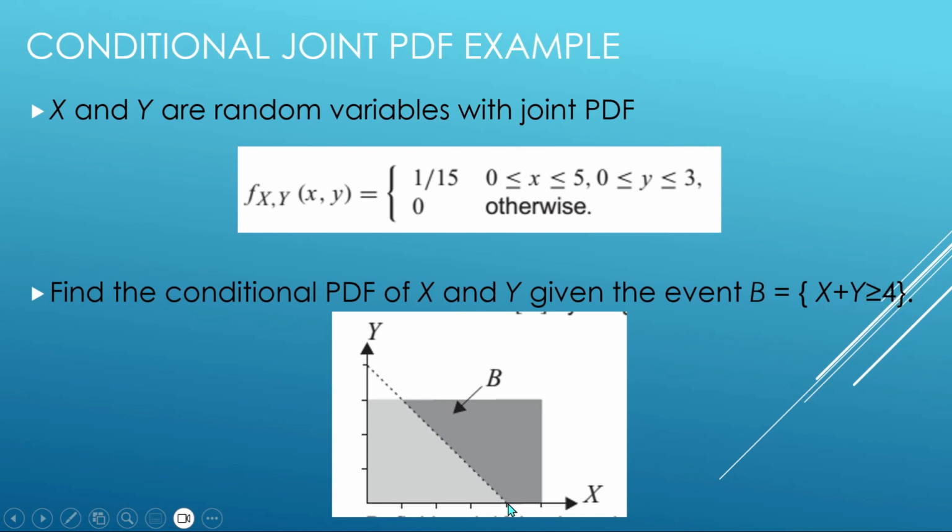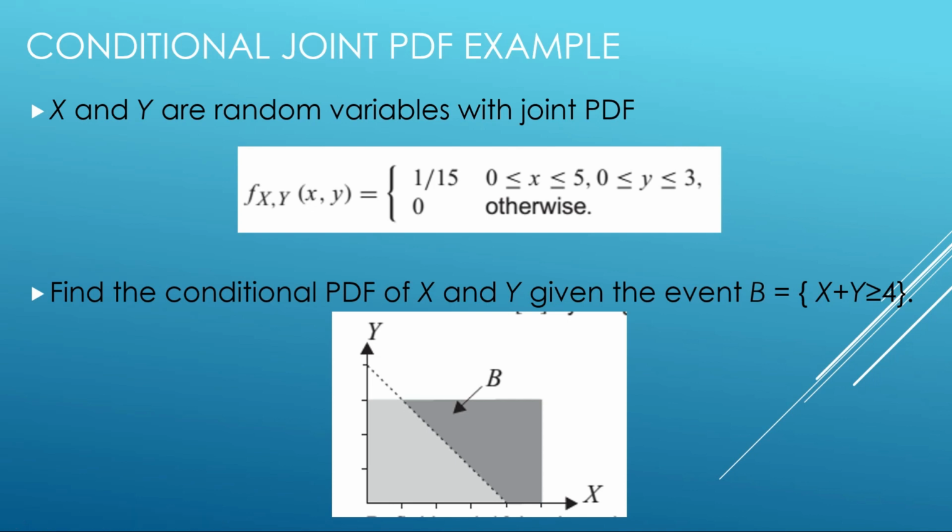So 4 plus 0 is equal to 4 if the value of y is 0. So for x plus y to be at least 4, x is equal to 3, y is equal to 1, again it is 4; x is equal to 2, y is equal to 2, again it is equal to 4; and x is equal to 1, y is equal to 3, again it is equal to 4.